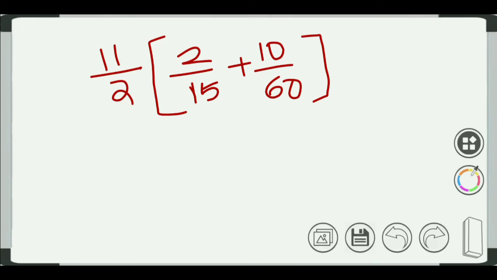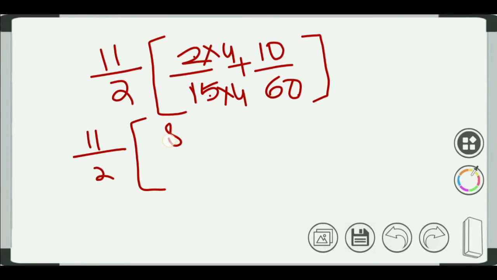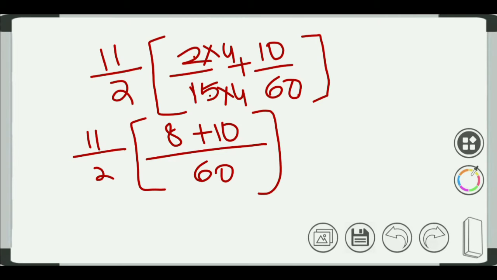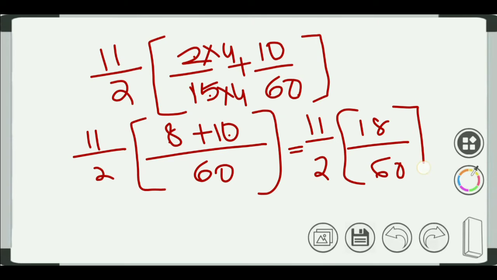Now I am taking the LCM. I want to make the denominator the same. 15 into what is 60? 15 into 4 is 60. So multiply numerator and denominator by 4. So 11 by 2 into 4 twos are 8 plus 10, divided by 60. I have made the denominator the same, that is 60. That is 11 by 2 into 10 plus 8 is 18 by 60.